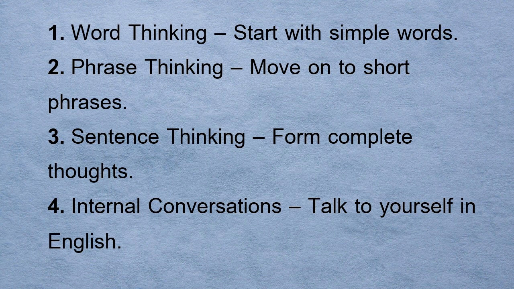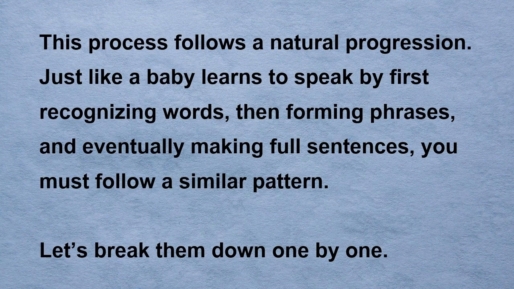Move on to short phrases. 3. Sentence thinking. Form complete thoughts. 4. Internal conversations. Talk to yourself in English. This process follows a natural progression. Just like a baby learns to speak by first recognizing words, then forming phrases, and eventually making full sentences, you must follow a similar pattern. Let's break them down one by one.